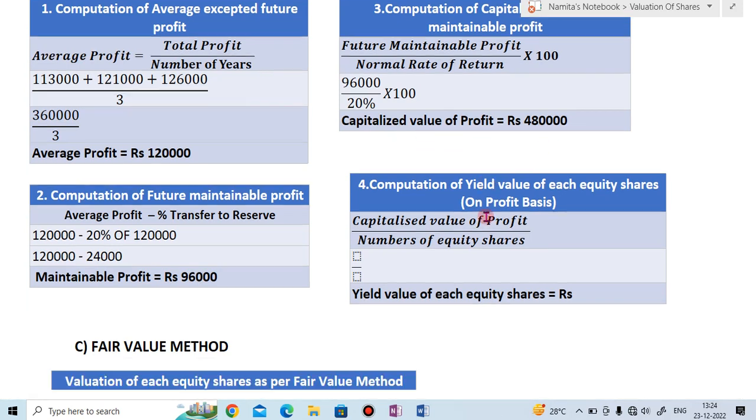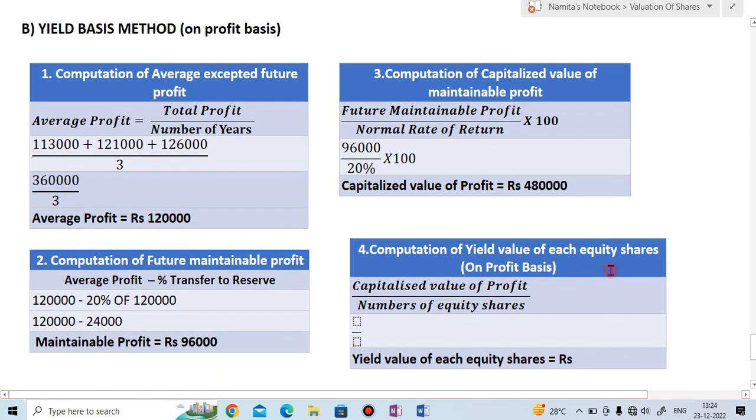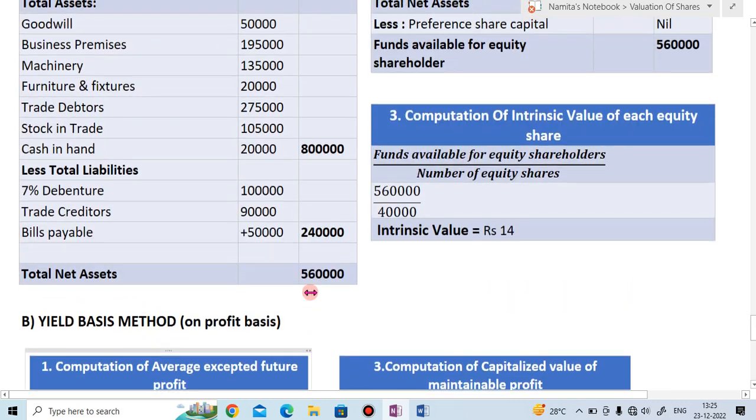Now step number 4 is what? Computation of yield value of each equity share on profit basis. So what is the formula? Capitalized value of profit divided by number of equity shares. So how much capitalized value did we get? 4,80,000. Divided by what? Number of equity shares.